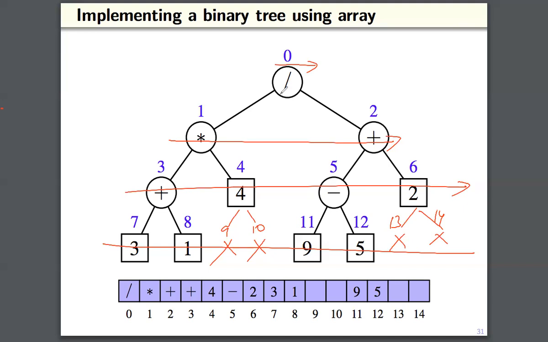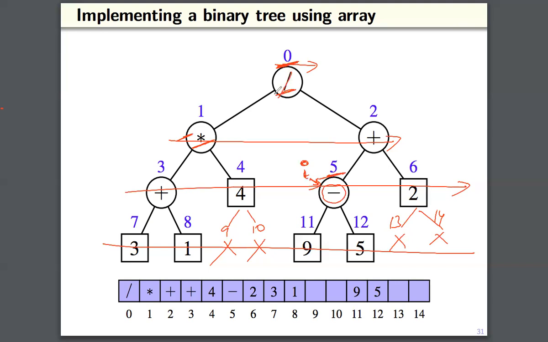Now let's look at how we store this tree as an array. In location 0, place this symbol. In location 1, place this symbol. In location i, place the key of the node pointed to by i. That's the way we store.